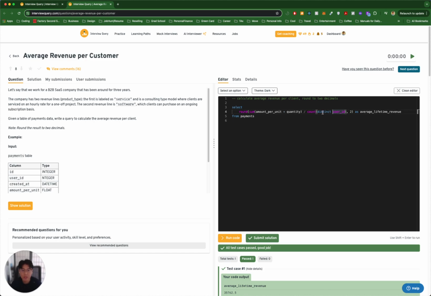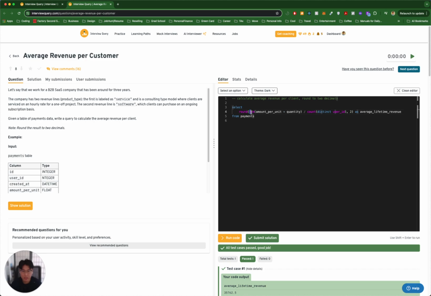I think we want to do a count distinct here because if we just query the entire table, we'll see the same user ID on multiple occasions, especially if the user ID is being charged for the two revenue lines, service and software. I think that's when it would become a problem.